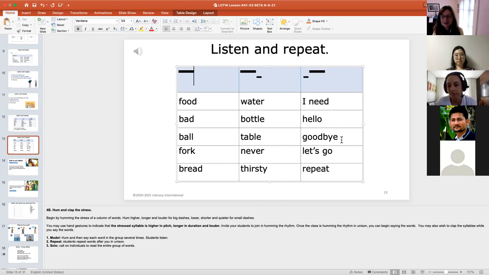But at this stage, we just want them to be getting the stress on the right syllable as they're pronouncing individual words and short phrases. So those are the 2 parts of the pronunciation lesson.